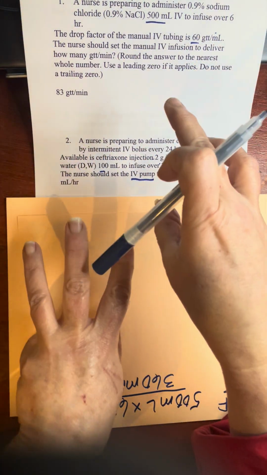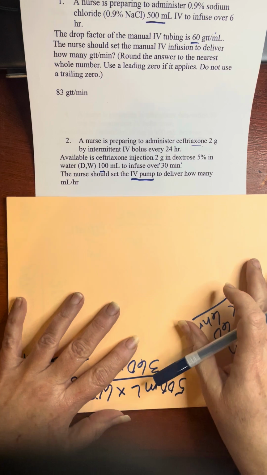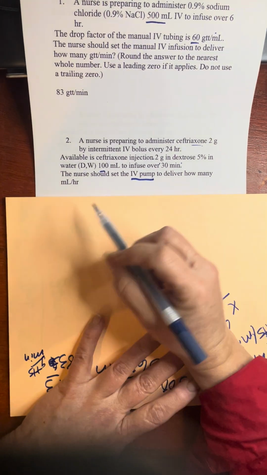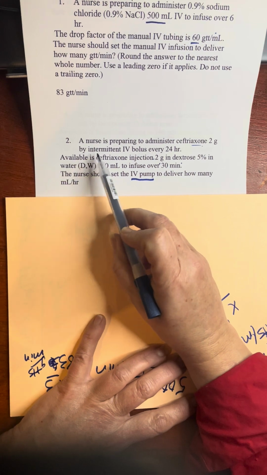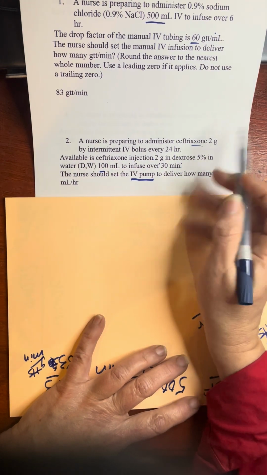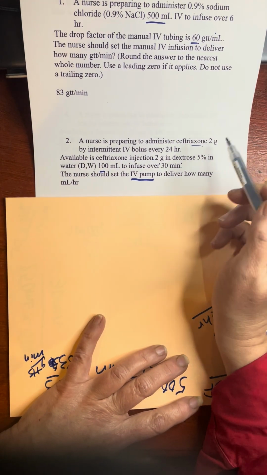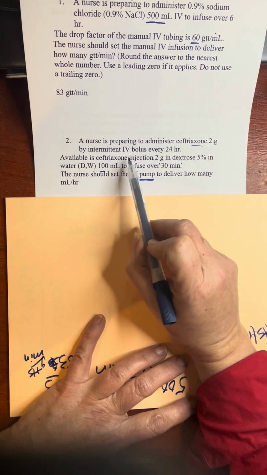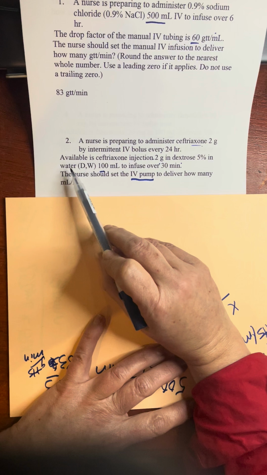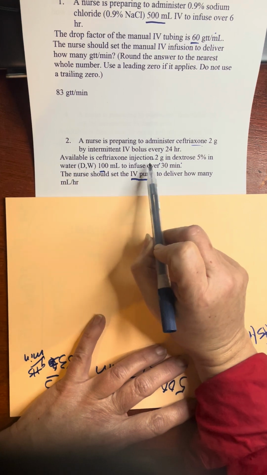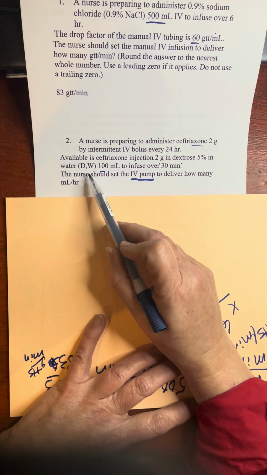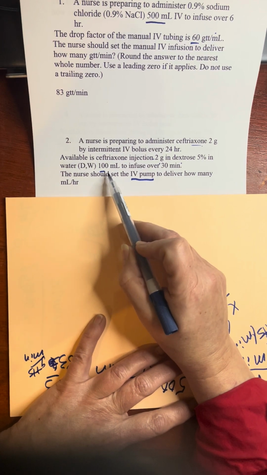Okay. Now, these aren't all drops per minute and then all milliliters per hour, but we're just going to do this. A nurse is preparing to administer that medicine right there. We're not here to pronounce words. We're here to do math. 2 grams by intermittent IV bolus every 24 hours. Available is that medicine right there, 2 grams in D5W, 100 milliliters.